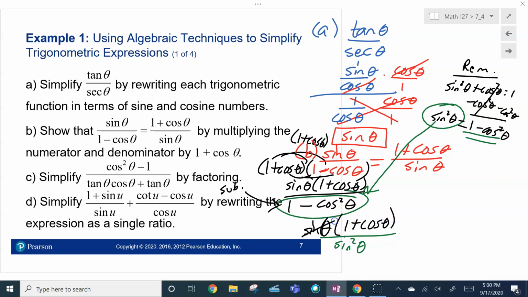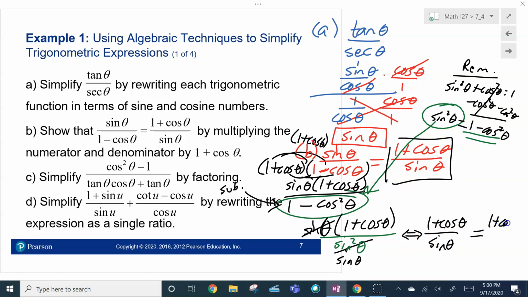And notice, one of these sines cancels with one of those, so you just have sine theta on the bottom. So this is 1 plus cosine theta all over sine theta. That's what we wanted to show. We wanted to show it was equal to the right-hand side, 1 plus cosine theta over sine theta. Check mark. See it?